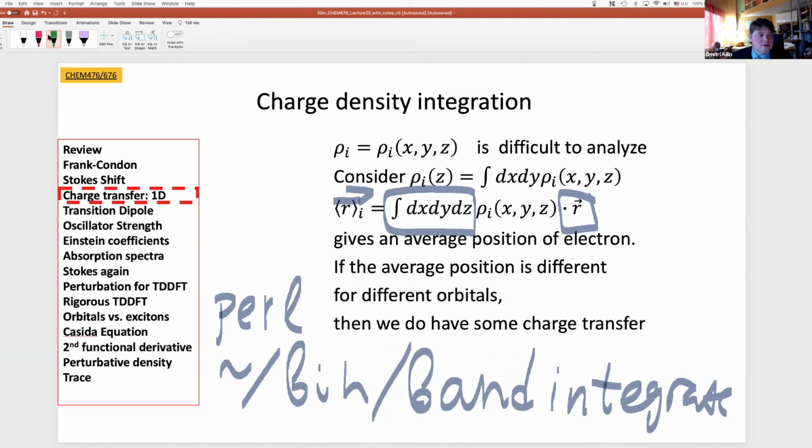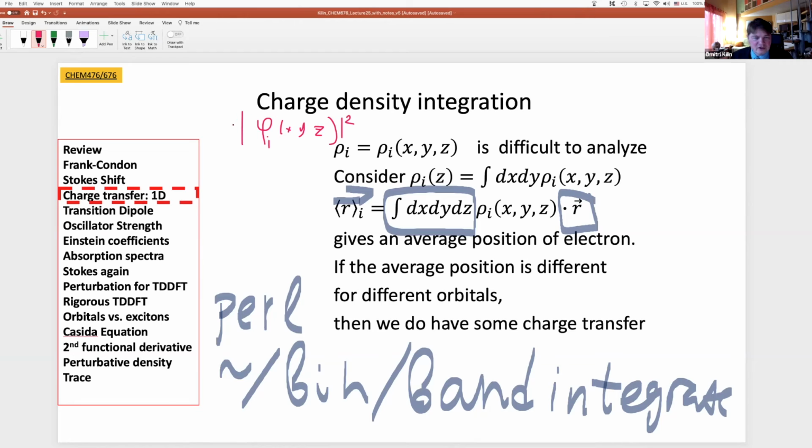So the electronic orbitals, which depend on x, y, and z, are taken as absolute square.